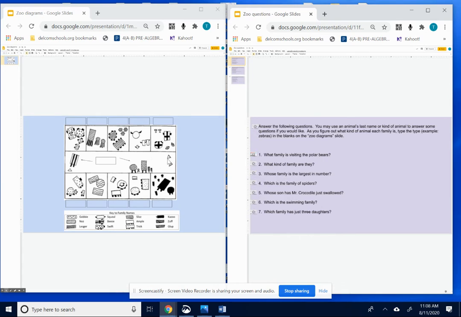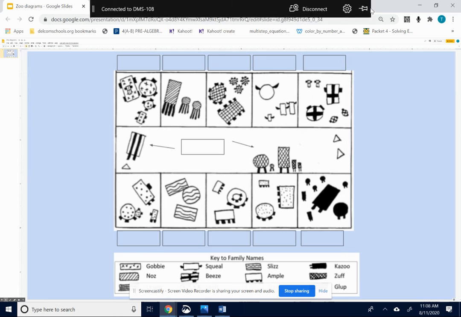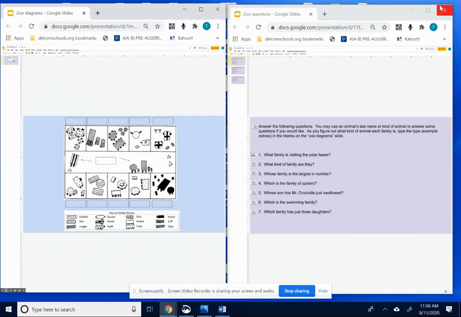If you're visiting, you're not going to be in a cage. So look at the diagram. Do you see any family of animals that's not caged up? It'd be this group right here in the middle. If you look down at the key, I know that's kind of hard to see. You can always blow these up and then minimize them back down.